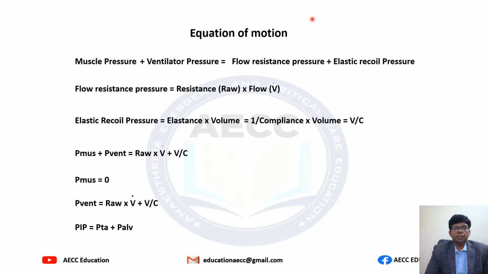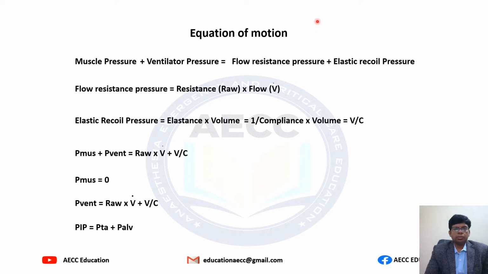If the respiratory muscles are inactive, it means the muscle pressure is equal to 0. Then the ventilator pressure is equal to airway resistance times the flow plus volume by compliance.